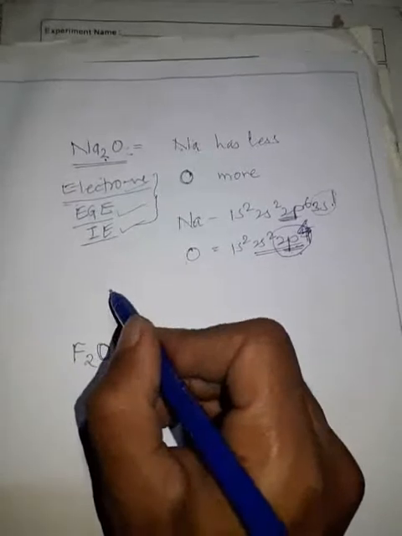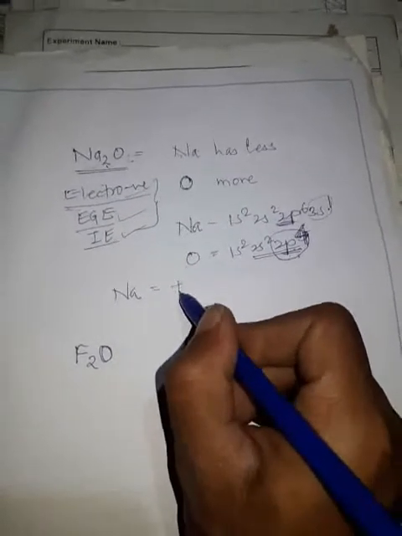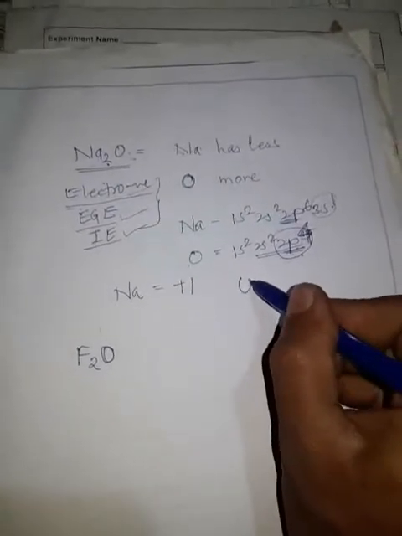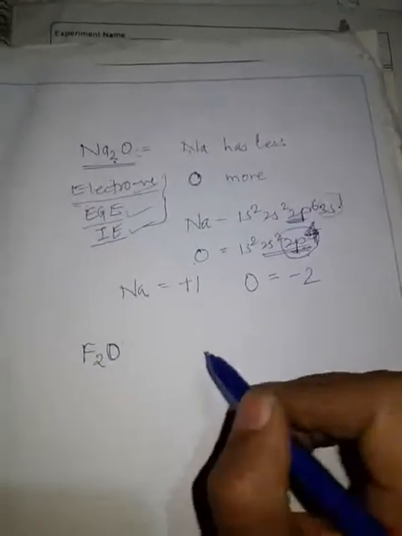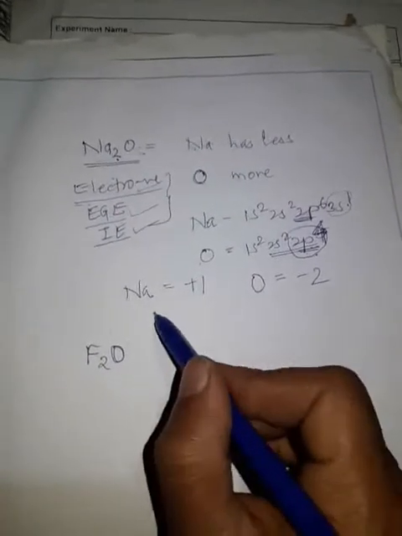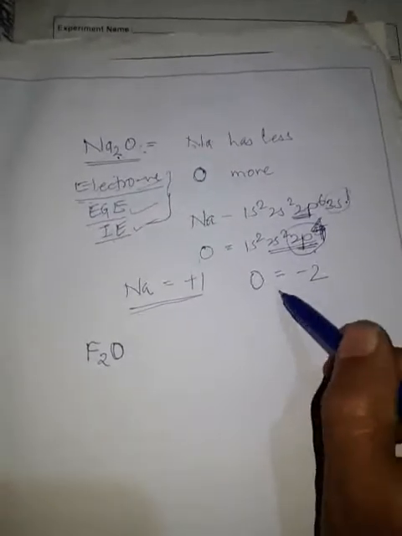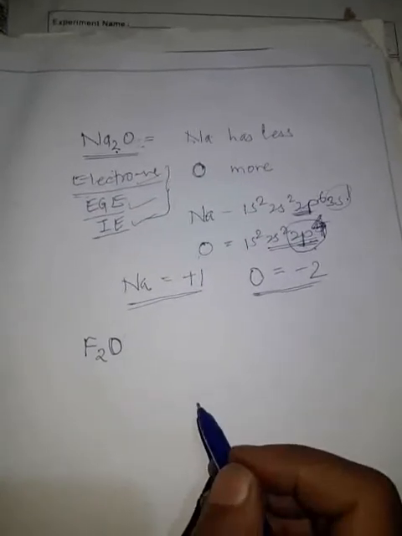Each sodium loses 1 electron, so it carries 1 positive charge, and the oxygen atom receives 2 electrons, so it carries 2 negative charges. Now the oxidation state of sodium in this compound is +1, and oxygen is -2.